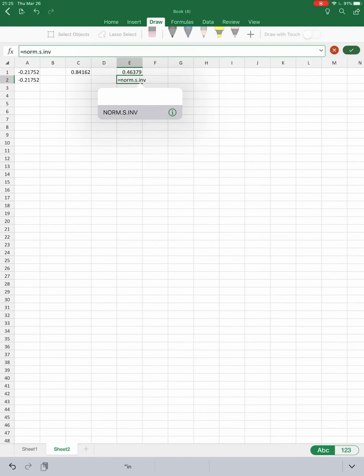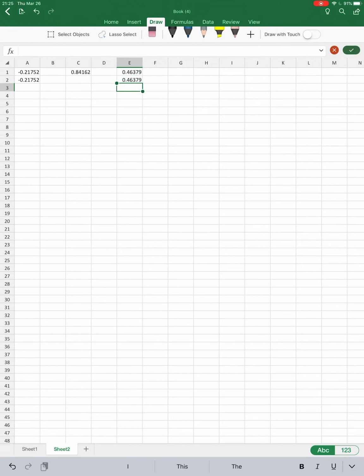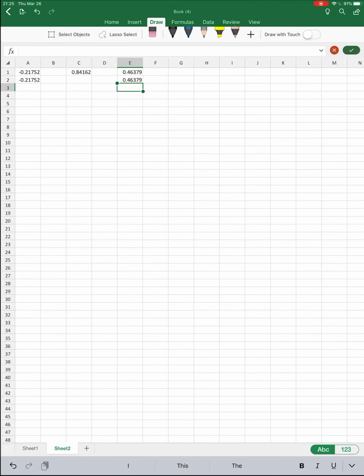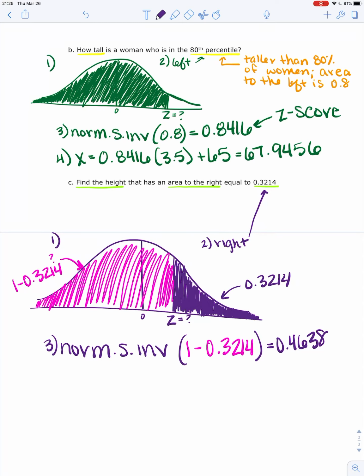So you have to remember that it's 1 minus the area to the left, not the other way around. Cool? Cool. All right, so 0.4638 is our z-score, which I already wrote down. Okay, it's positive, which is good because we stopped shading on the right-hand side of 0, so that means we didn't mess up our shading.